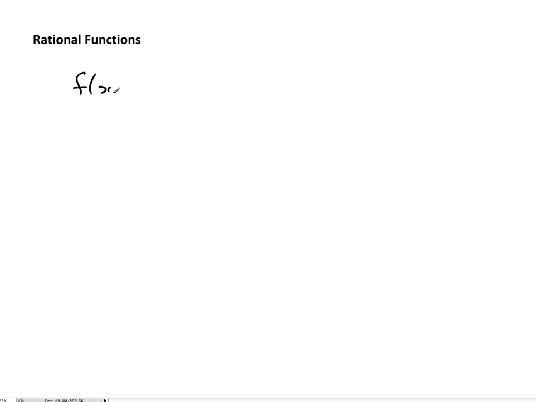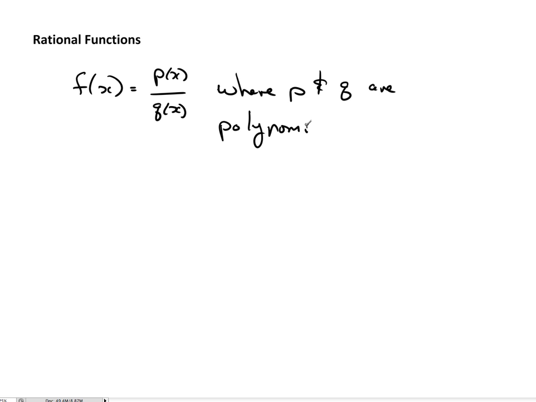A function f of x is a rational function if it's written in the form p of x over q of x, where p and q are polynomials, and of course q of x is non-zero, because if it's 0 we have an undefined situation, or possibly an indeterminate situation to deal with.